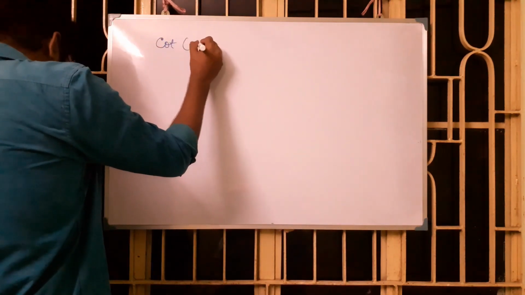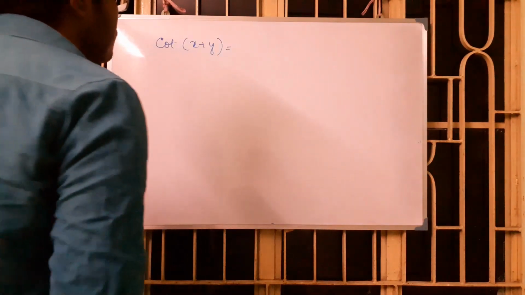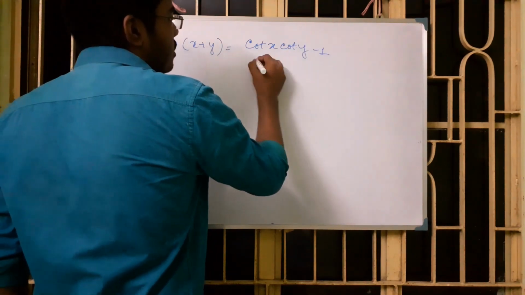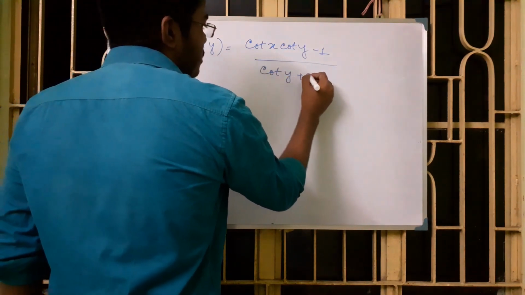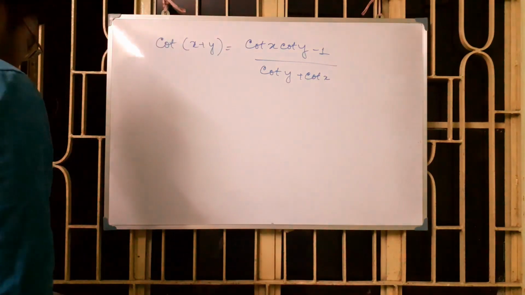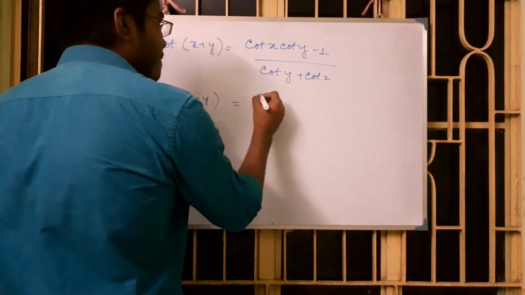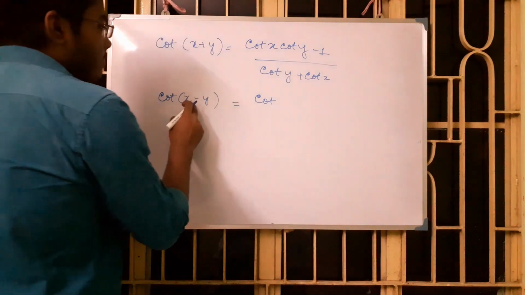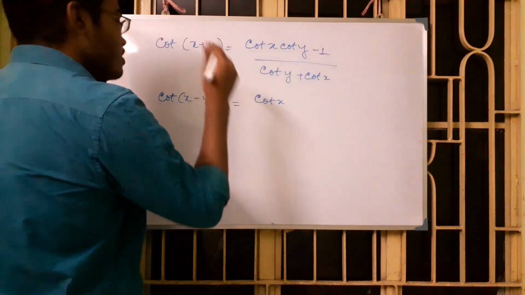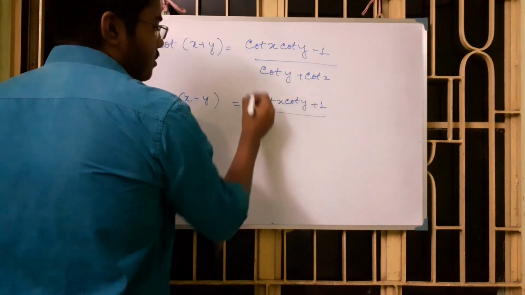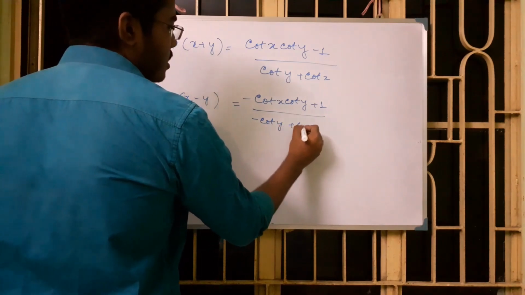So what is cot(x+y)? Cot(x+y) is simply (cot x cot y minus 1) upon (cot y plus cot x). And cot of (x minus y): put minus y, so cot of minus y is minus cot y, so (minus cot x cot y plus 1) upon (minus cot y plus cot x).